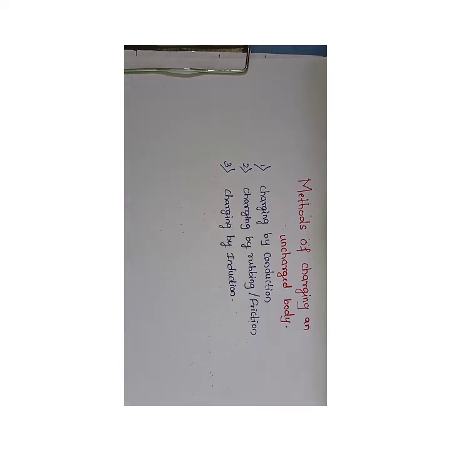The methods are charging by conduction, charging by rubbing or friction, and charging by induction. In charging by conduction, two bodies are brought in contact with each other. One will be a charged body and the other an uncharged body.